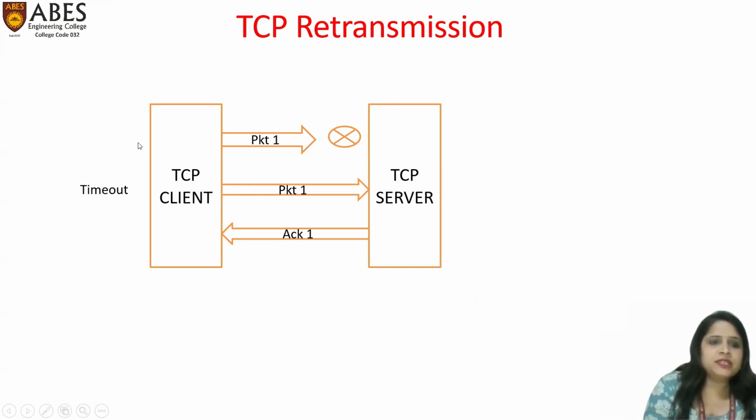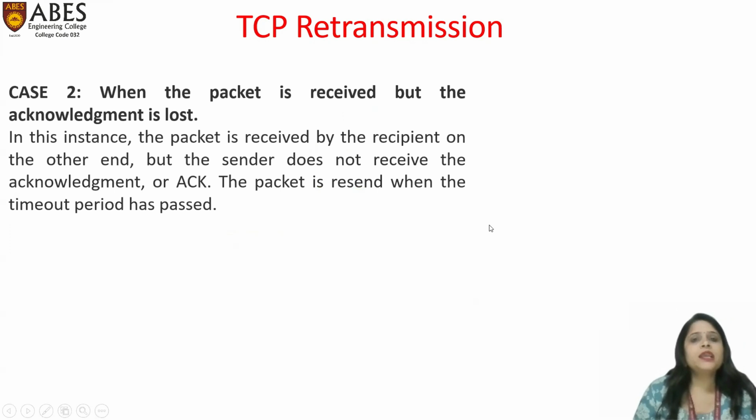So after waiting some timeout period, if the client does not receive any acknowledgement of packet 1, the client will retransmit the packet, and after receiving it, the server will acknowledge the client within a specified time period. So this is TCP retransmission when the data packet is lost.